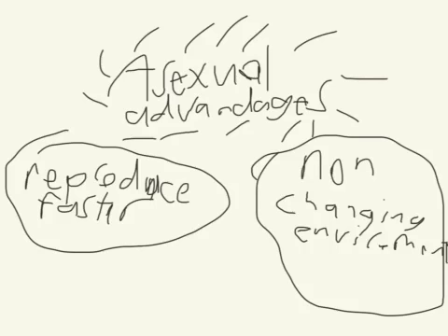Asexual advantages: it reproduces faster, so there will be more of the species in a quicker amount of time. And the non-changing environment, I'm going to change that, because what it really means is that it can live in one place all year, all the time.